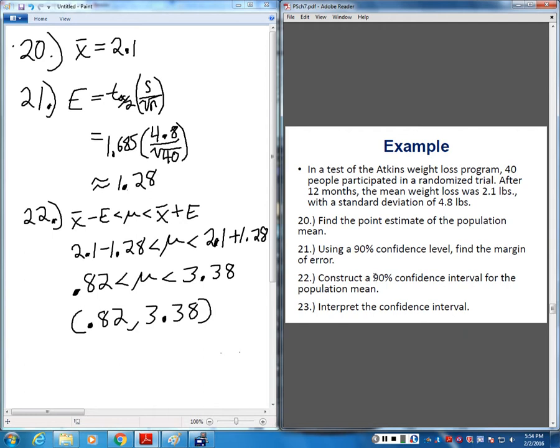Again, we are 90% confident, because it's a 90% confidence interval, that the mean weight loss on Atkins, that's from the problem, is between our lower bound 0.82 and the upper bound 3.38.